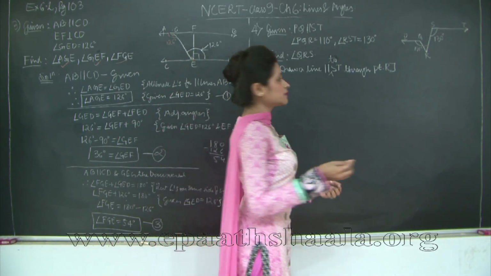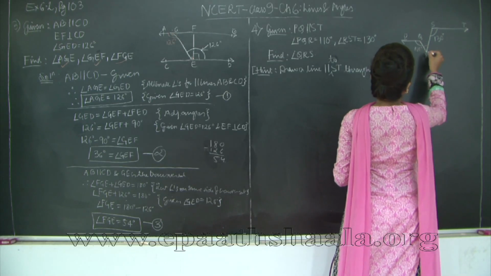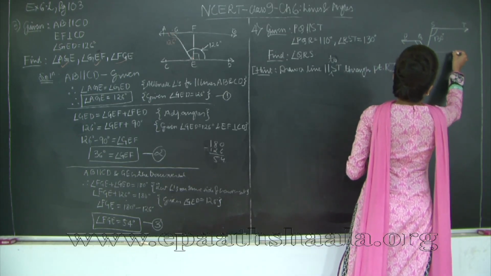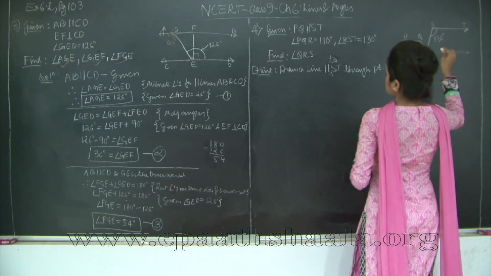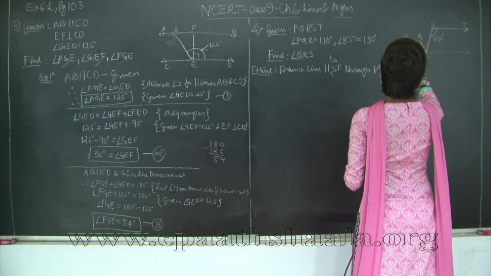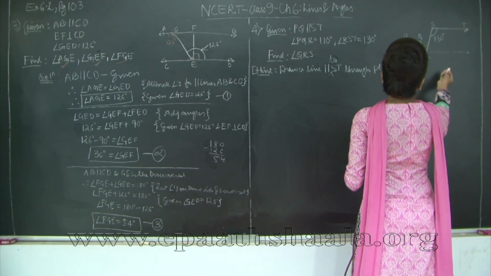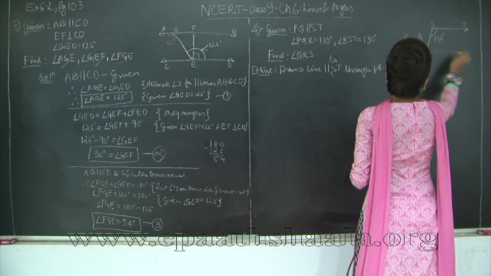So what we are going to do is go ahead and draw a line parallel to ST through R. Correct? And I will extend it in both the directions, and I will call this line AB.